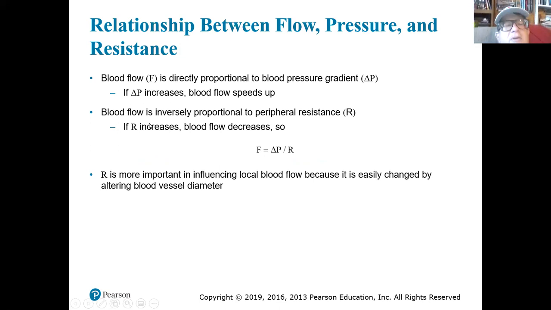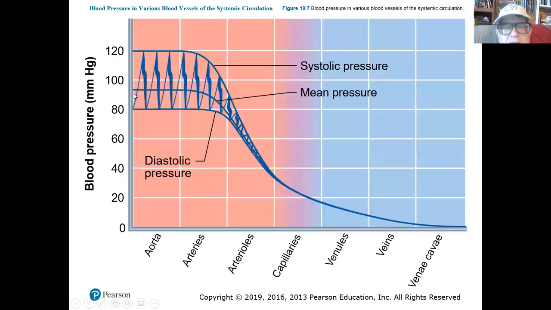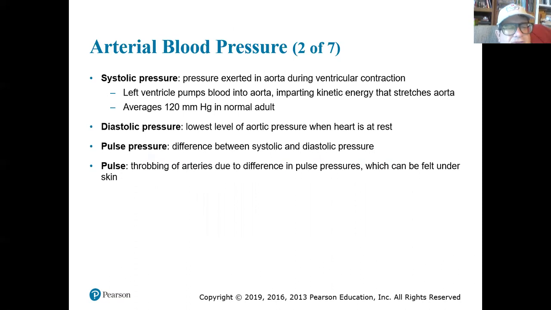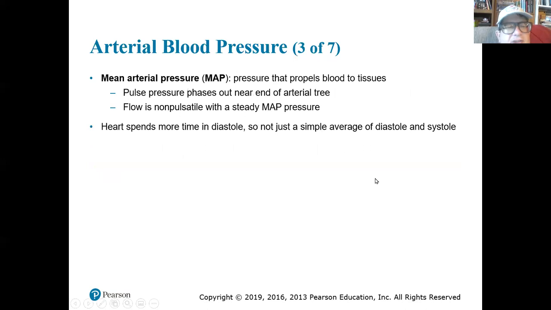Actually, they were using that delta P for the difference between here in the aorta and here in the veins. But anyway, it's still a change in pressure, a difference in pressure. So pulse pressure is the difference between systolic and diastolic. The pulse is the throbbing of the arteries due to the pulse pressure. You can feel that under the skin, obviously.